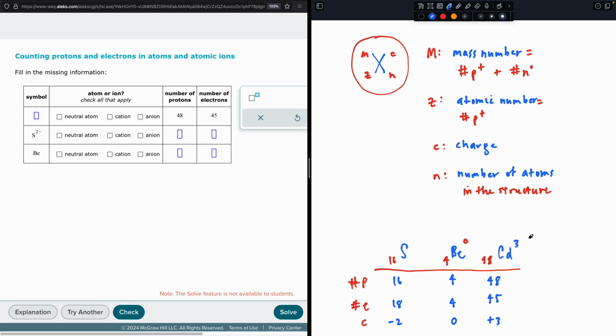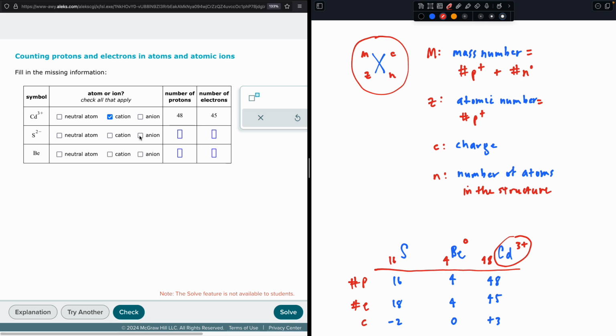Probably should put that in red. Let's do that in red. So here's the symbol for the first one. It's cadmium 3+, Cd, superscript 3+. It's a cation, and we're done with that one.